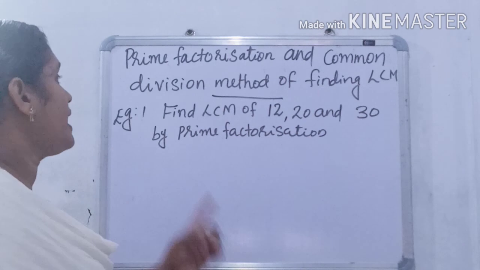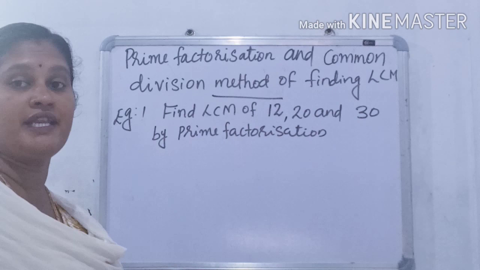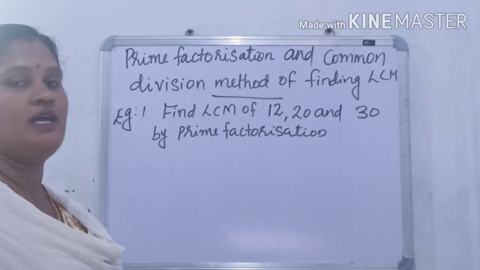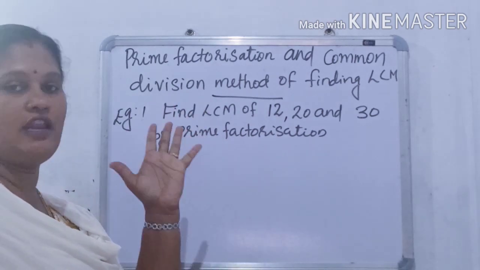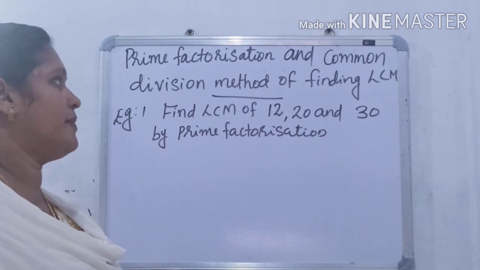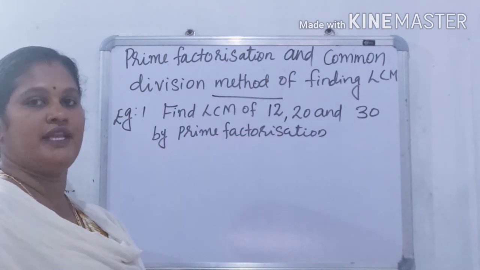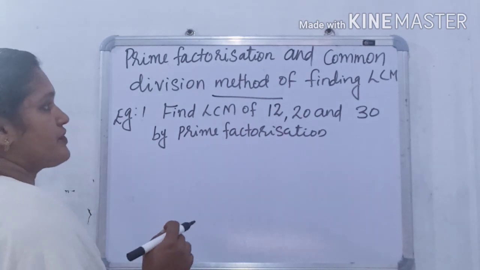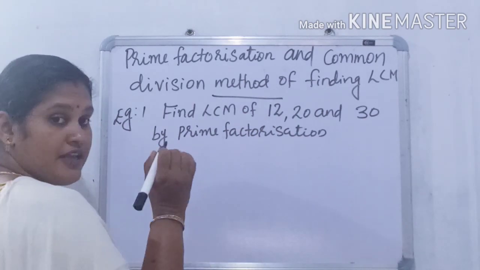Next, prime factorization and common division method of finding LCM, lowest common multiple. Next, we are going to discuss how to find the lowest common multiple by using prime factorization. That method is called the common division method of finding LCM. Here, we can find the prime factorization together. Listen carefully.